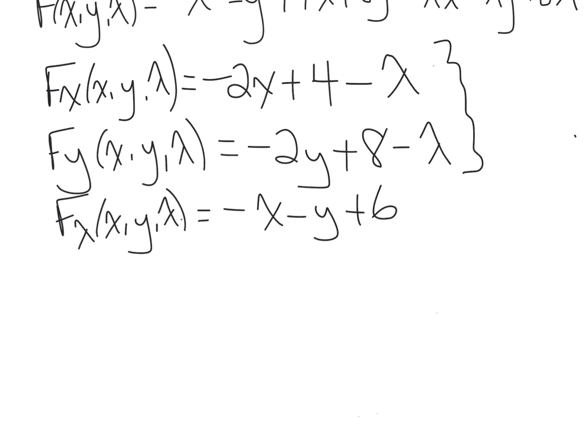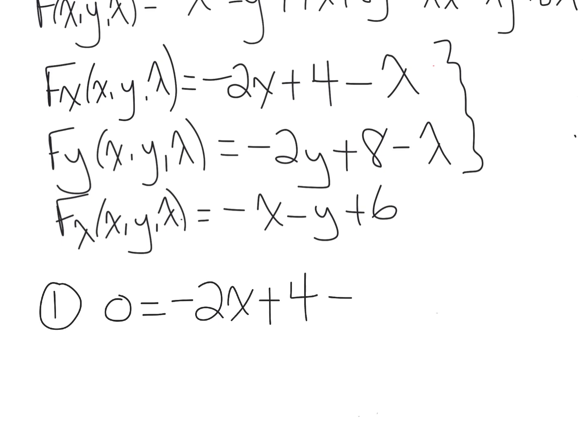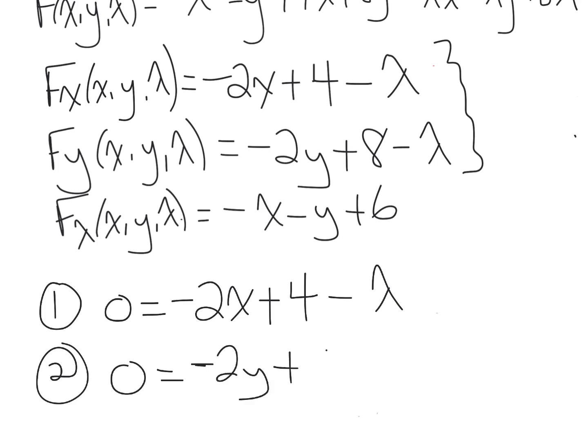I'm going to set them equal to 0. 0 equals minus 2x plus 4 minus lambda, right? And 0 equals minus 2y plus 8 minus lambda.